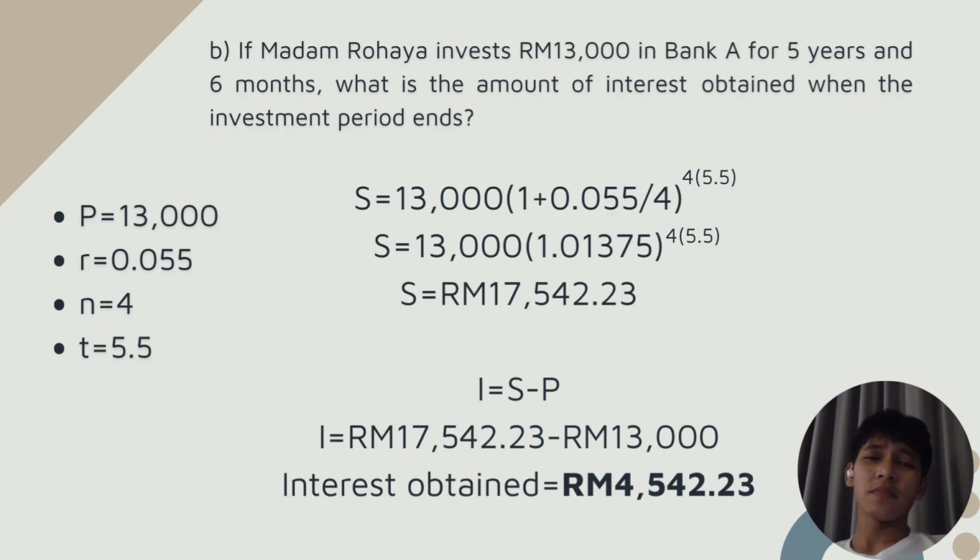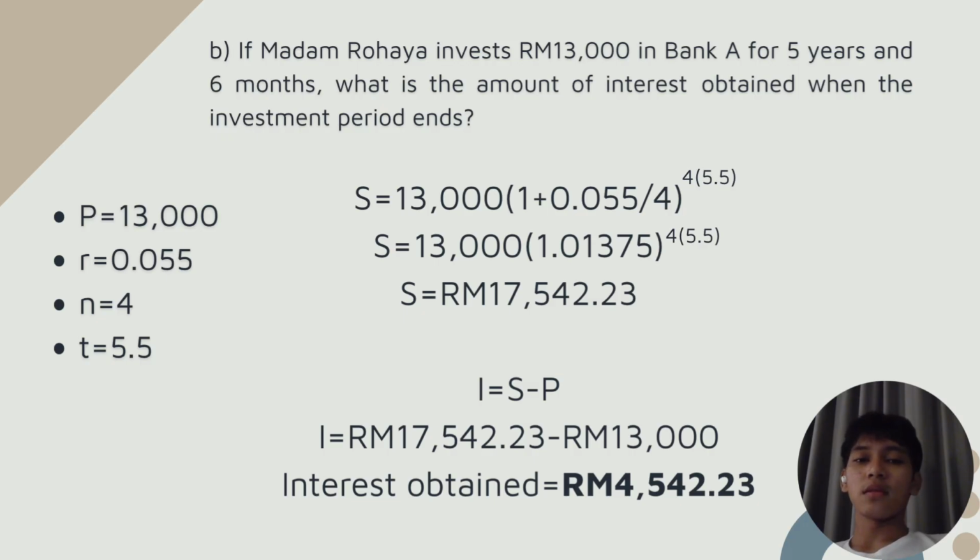For the calculation, S equals 13,000 ringgit, open bracket, 1 plus 0.055 over 4, close bracket, power of 4 times 5.5, and then S equals 13,000 ringgit, open bracket, 1.01375, close bracket, power of 4 times 5.5, and then the answer would be 17,542 ringgit point 23 cent.